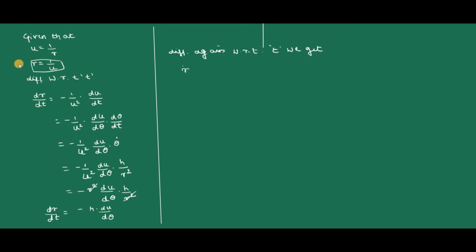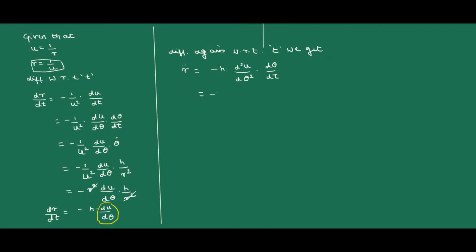Differentiation of dr by dt is nothing but d square r by dt square, or briefly you can write it as r double dot. Minus h is constant. What is the differentiation of this du by d theta? Differentiation of du by d theta is d square u divided by d theta square, and differentiation of theta with respect to t is d theta divided by dt.